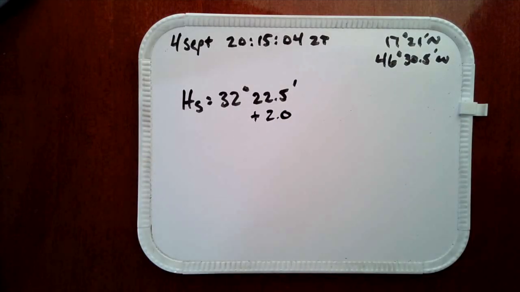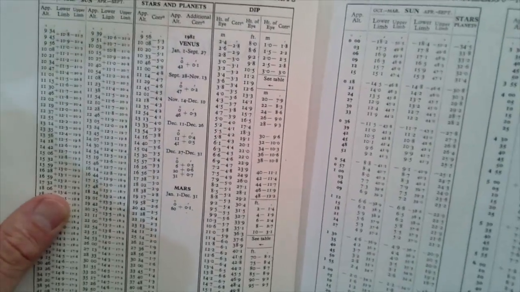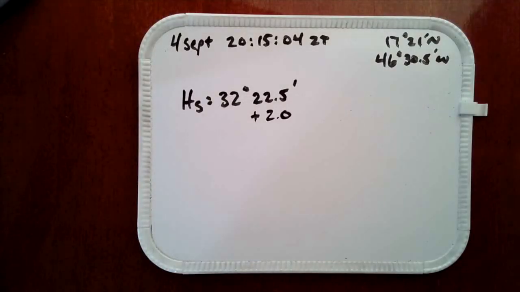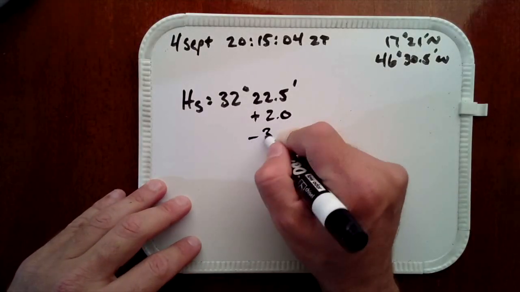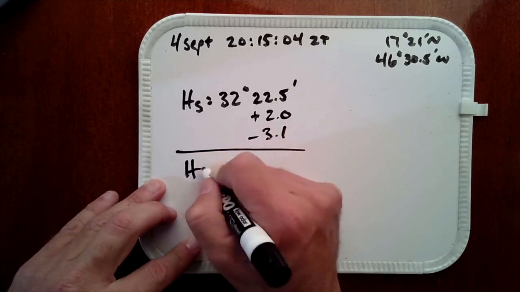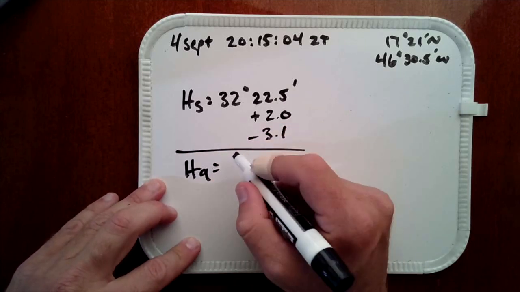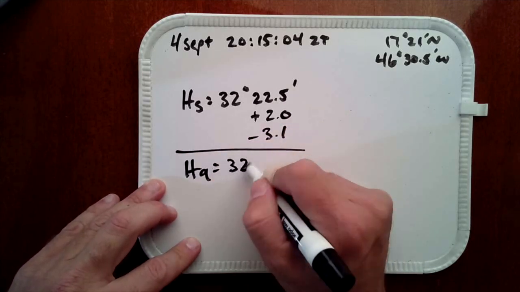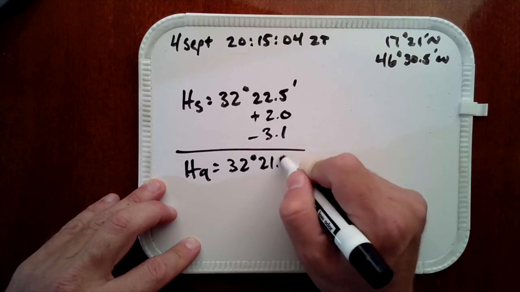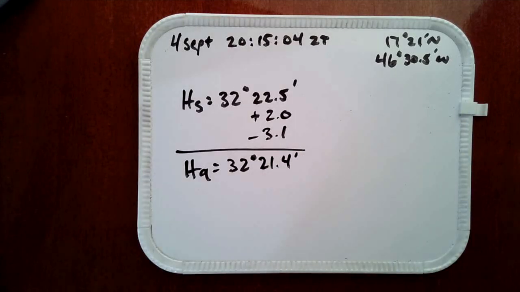So in our dip tables, we can look at a height of eye of 10 feet to pull out a correction of negative 3.1. That gets us to an apparent altitude of 32 degrees 21.4. From there, we need to apply our apparent altitude correction.